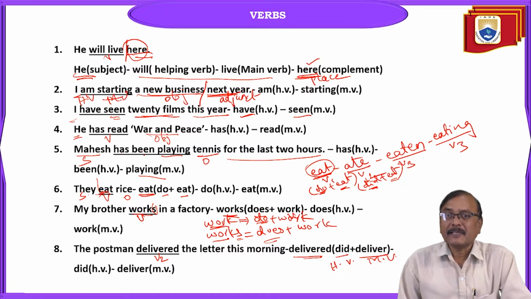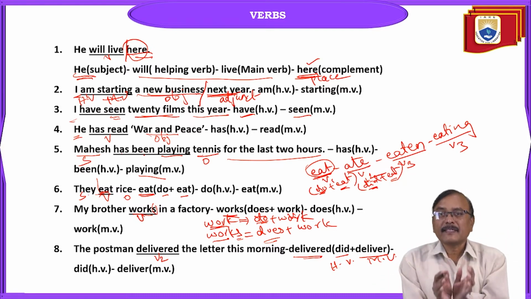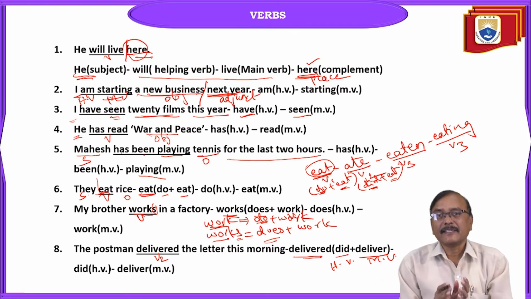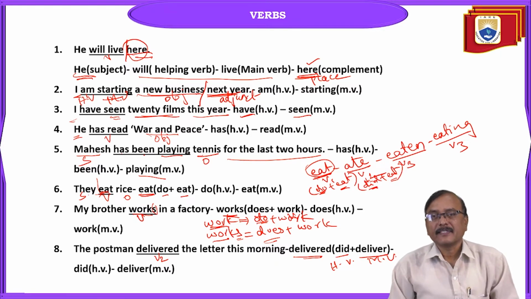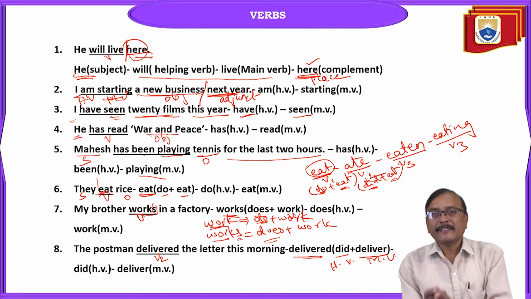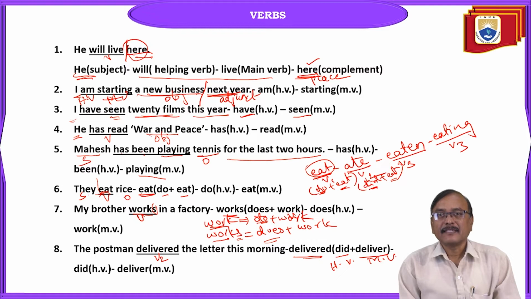For that purpose, we should know that the verb is the key word of the sentence. The main verb indicates the main action, and it is preceded by some helping verbs, right?